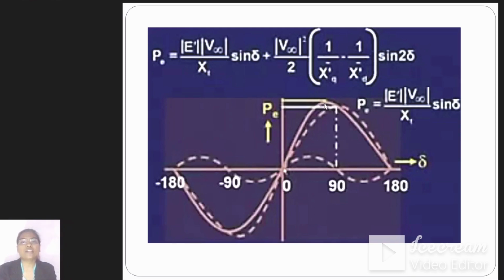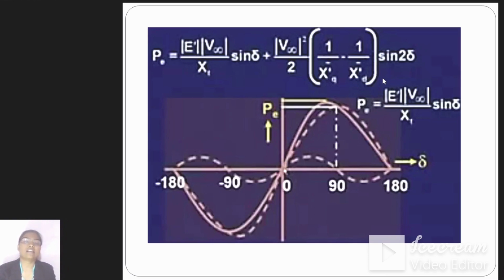The slight change in the electrical power developed by the cylindrical and salient rotor is due to this sine 2 delta. This is the harmonic component, which is increasing and decreasing the reluctance part in the rotor, of the two kinds of rotor, either salient or non-salient.